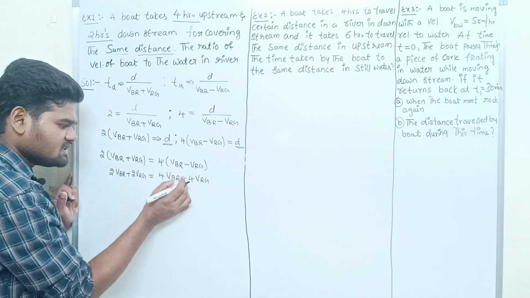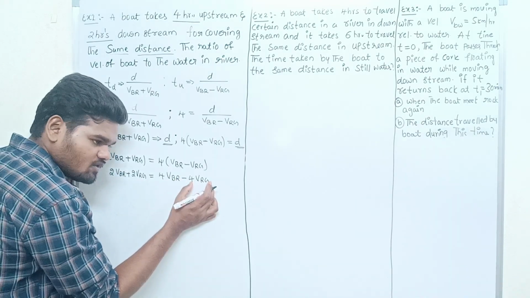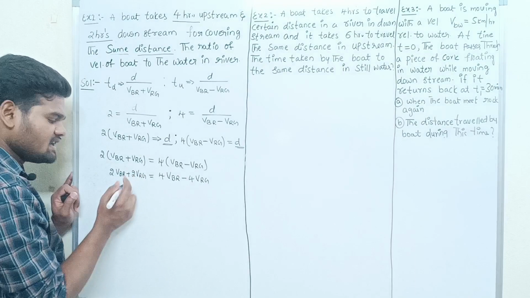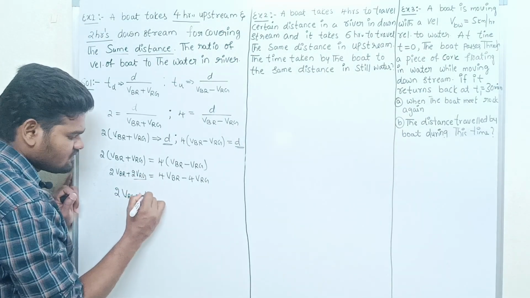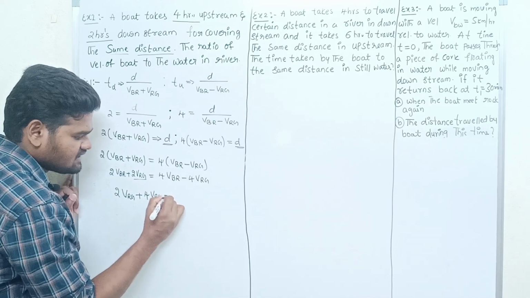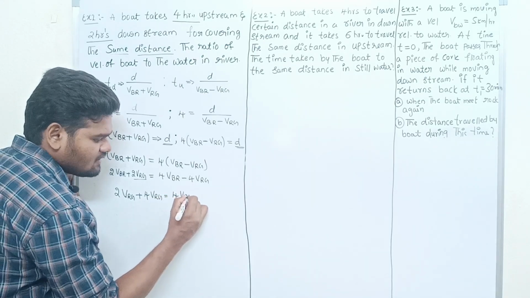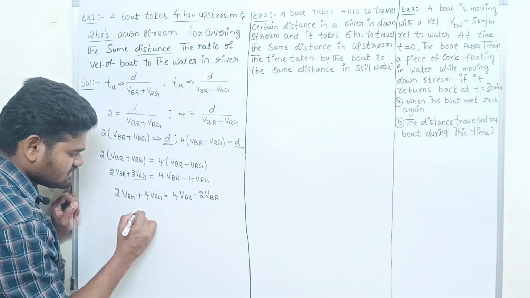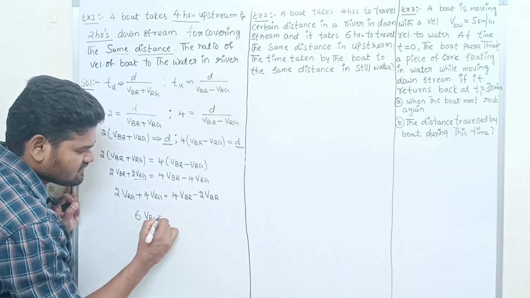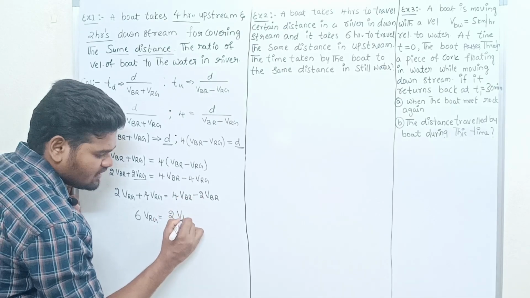If 2 VBR goes to this side, it becomes minus. Here minus 4 VRG is there. If it comes to this side, it becomes plus. Have a look. So 2 VRG plus 4 VRG is equal to 4 VBR minus 2 VBR. So 2 plus 4, 6 VRG is equal to 4 minus 2, 2 VBR.